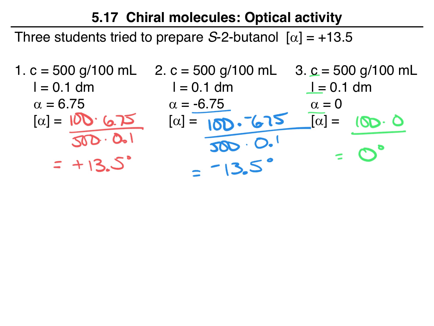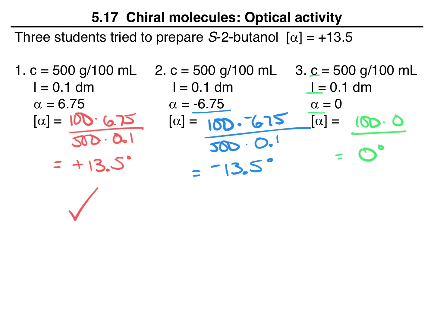Let's say that the students did confirm by IR, by other methods, that they did obtain 2-butanol. But now the optical activity is going to determine whether they made S-2-butanol. Well, student 1 obtained an optical activity that matches the literature value for the specific rotation of S-2-butanol, and so this student made the desired compound.